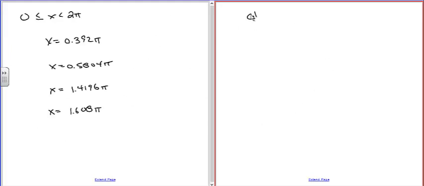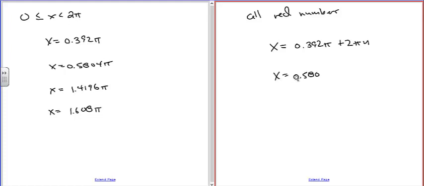Now for all real numbers, all you do is take the answers between 0 and 2 pi and add 2 pi n into every one of them. So I just copy them down from the previous step and add 2 pi n into everything.